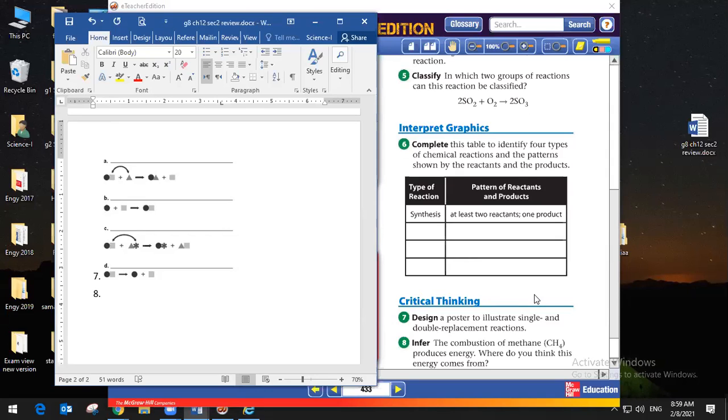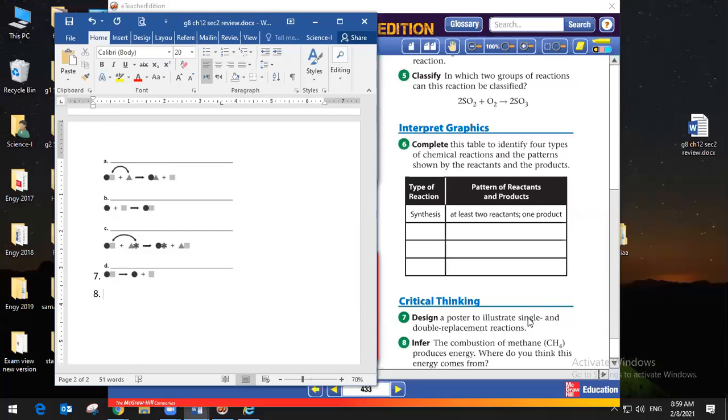Let's see here. We said he asks how this energy comes out. Simply, we know that in any chemical reaction, the reactants, methane, will break down the bonds, and then it will rearrange to form new bonds. The new bonds formed in the products have less energy than the bonds that were already in the reactants. So this difference in energy is released as heat or whatever form of energy. You get the idea, guys? Is it clear?